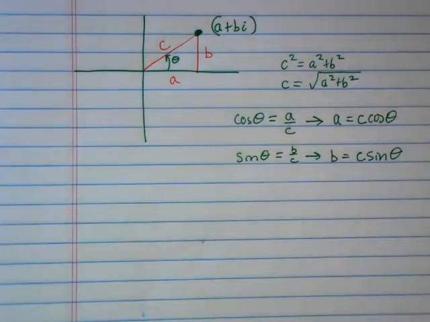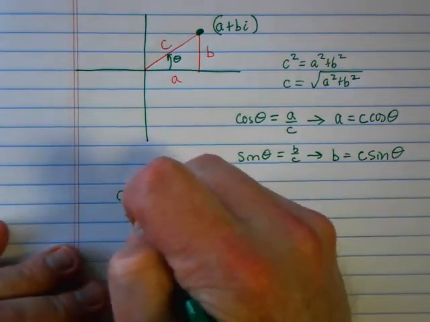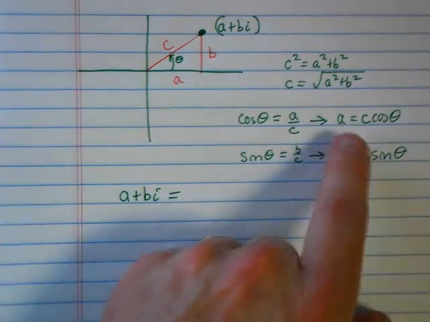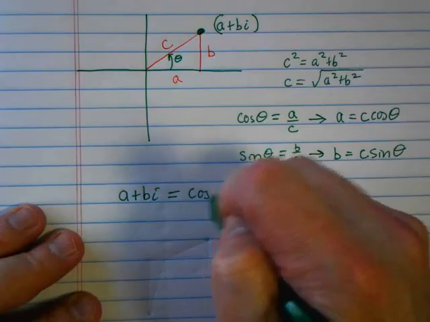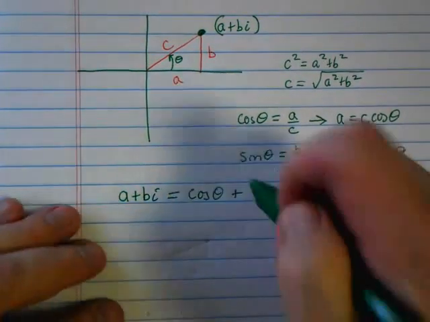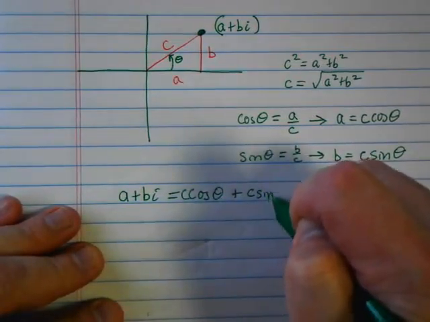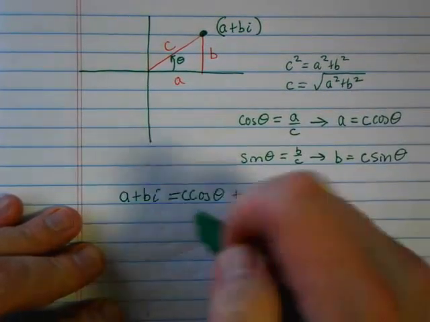Okay. All right, so what we can do, a plus bi, I can write as a, we just said, was c cosine theta, plus b, we just said is c sine theta. And then we have to multiply by the i, because we have b times i.